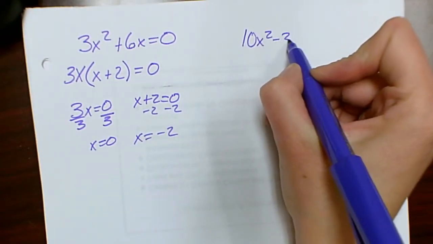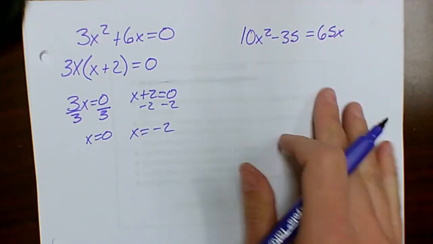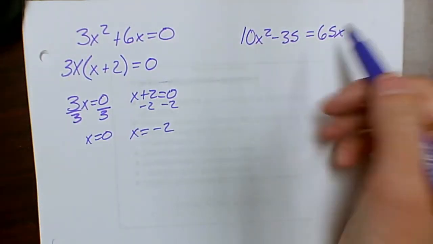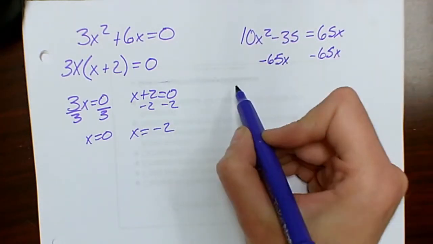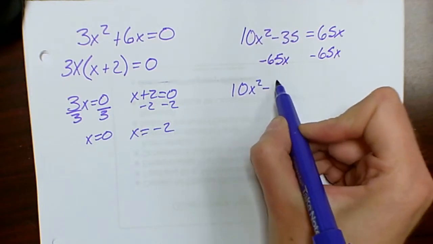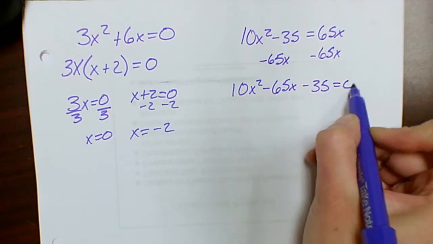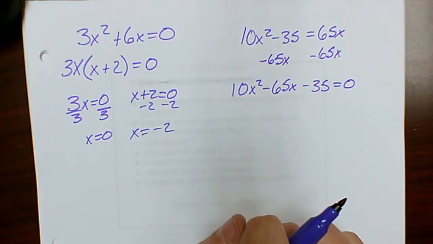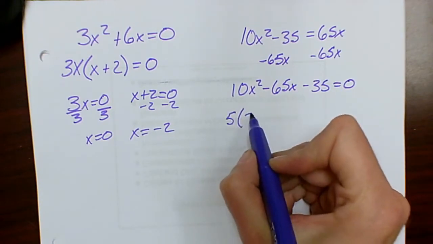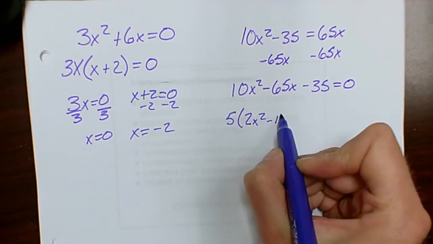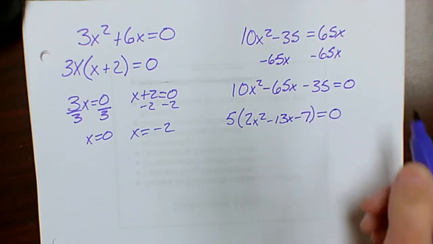10x squared minus 35 equals 65x. Okay, so this is not set up equal to 0, so we are going to subtract the 65x over and write it in order. Okay, so we have x squared, x, and then no x. We can factor a 5, so that we have 2x squared minus 13x minus 7 equals 0.